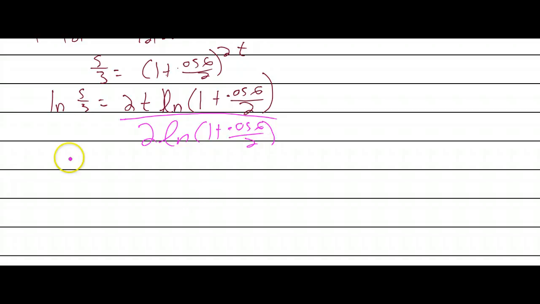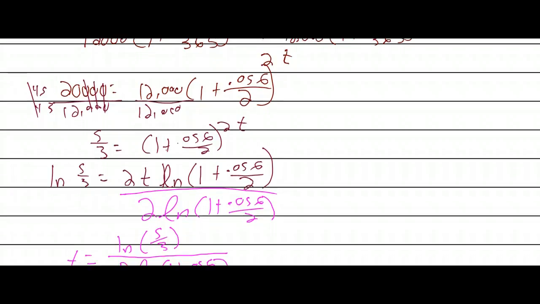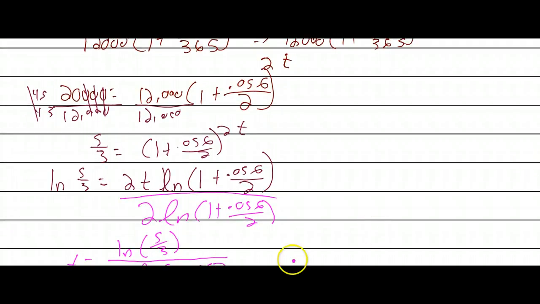I don't have my calculator, so I can't simplify this. So t is equal to the natural log of 5/3 divided by 2 times the natural log of 1 plus 0.056 over 2. They want to see how long it would take to get $20,000 starting off with $12,000, so this needs to equal 5/3. You take the natural log of both sides, by the law of exponents you bring the exponent to the front, and you keep doing algebra from there.